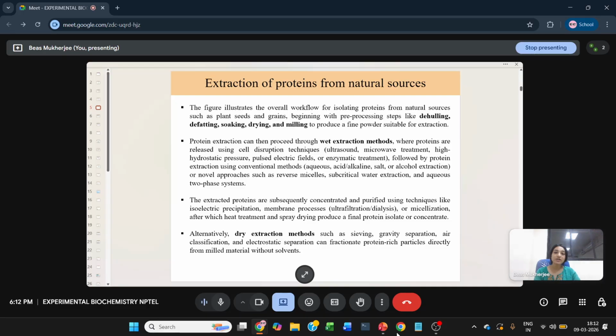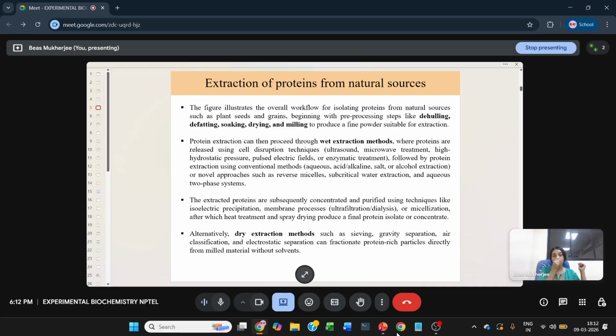Okay, so the extracted proteins are subsequently concentrated and purified using techniques like isoelectric precipitation, membrane processes such as ultrafiltration and dialysis, micellization, after which heat treatment and spray drying produces a final product, that is the isolated protein, and it is concentrated, right?